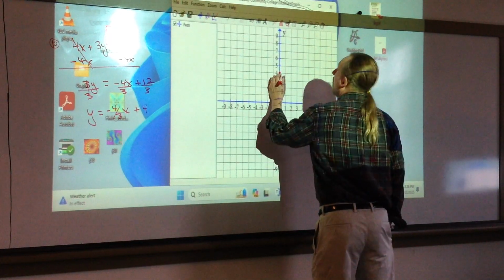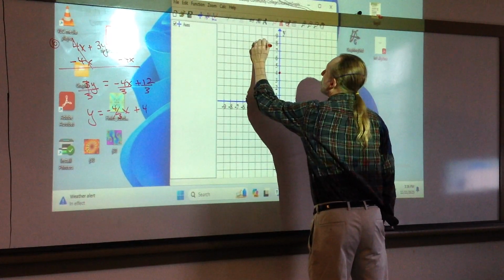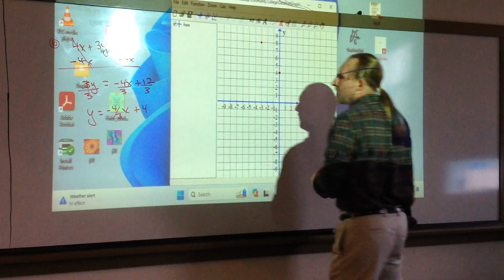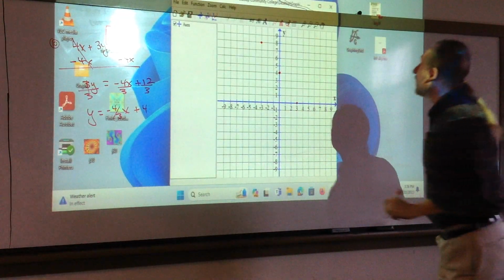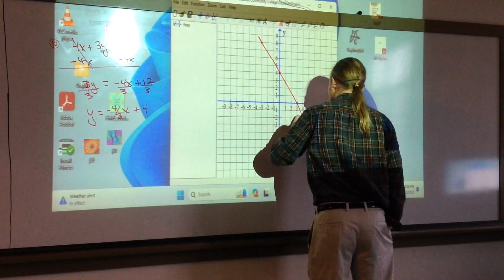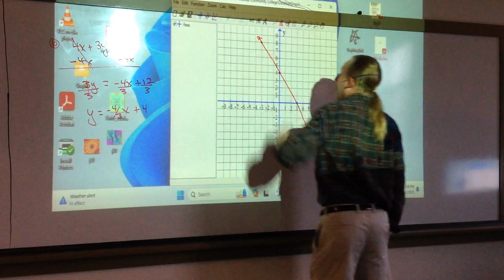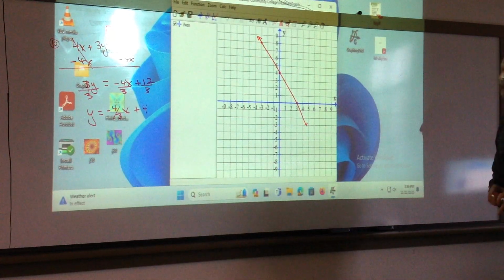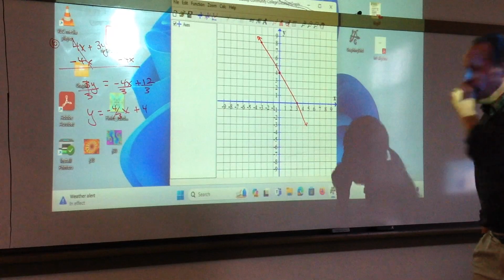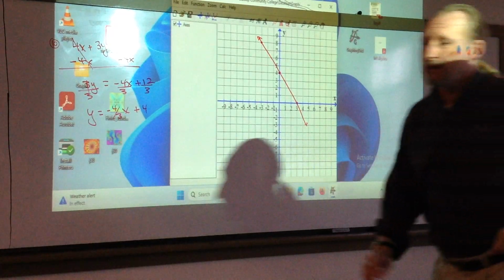So I can go up 4 and back 3, or I can go down 4 and over 3. And then we've got plenty of information to graph our line here. And so it would look something like that. Okay, let's see. Turn the lights on.